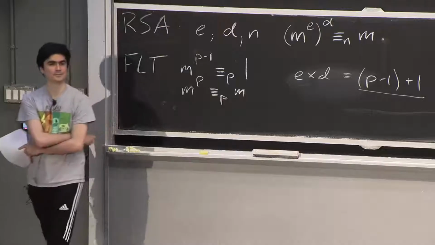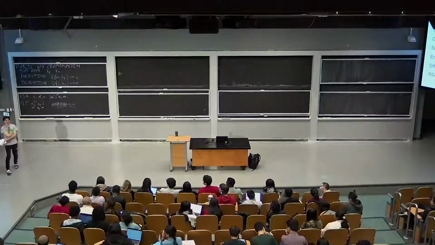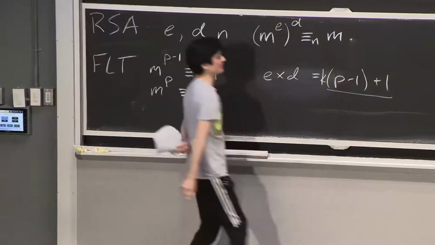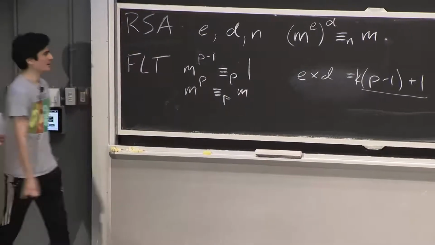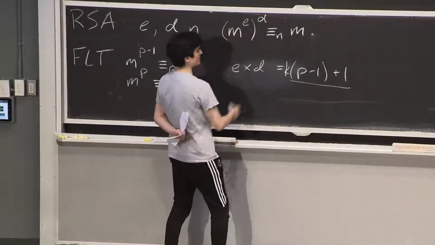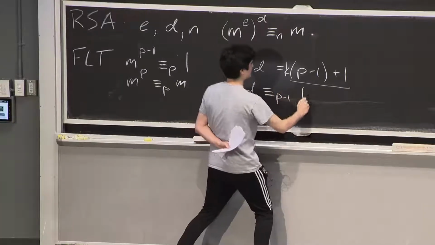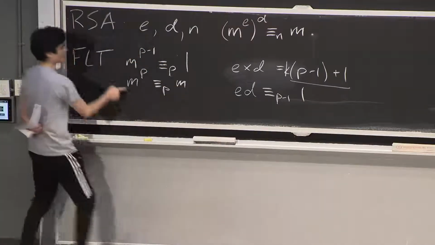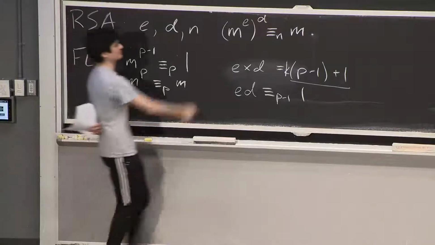Yes, that's right. We can multiply this by whatever we want, any k here, and it'll still work, as long as E times D is equivalent mod p minus 1 to 1. As long as we satisfy this, we get this.